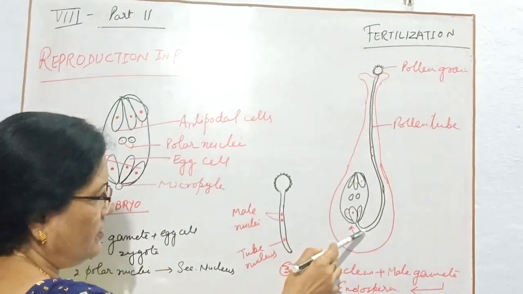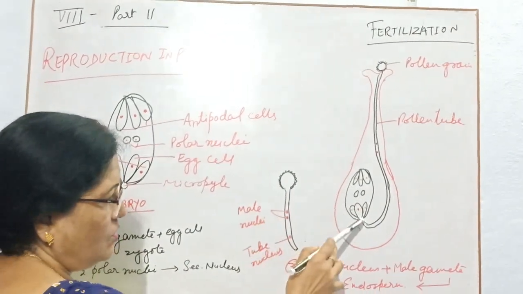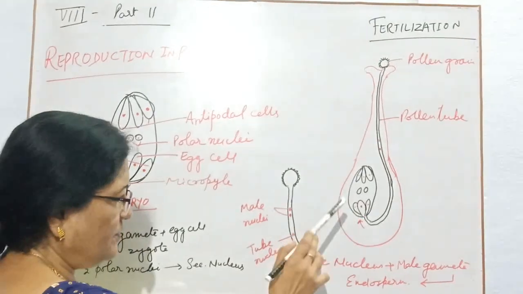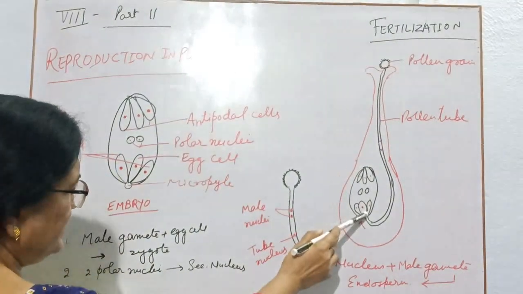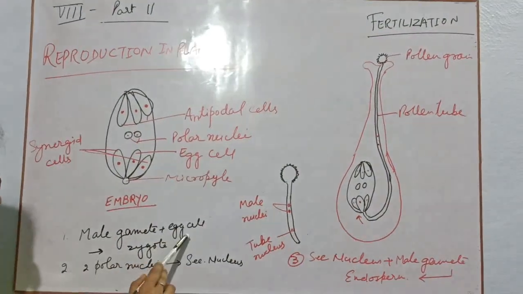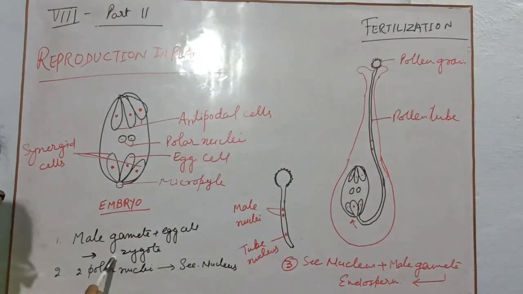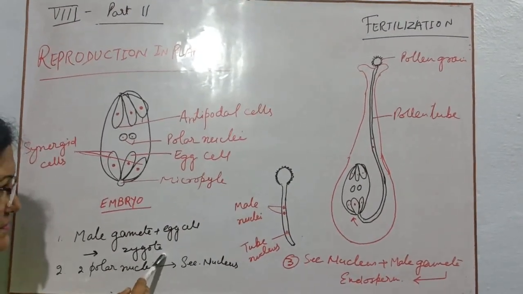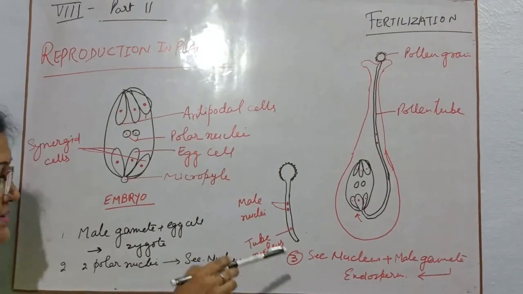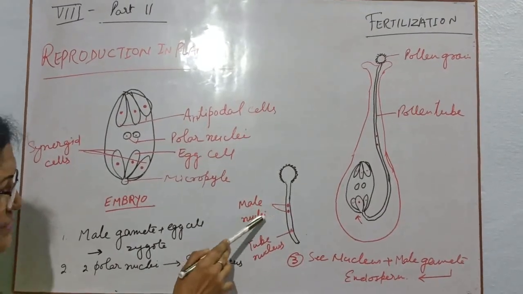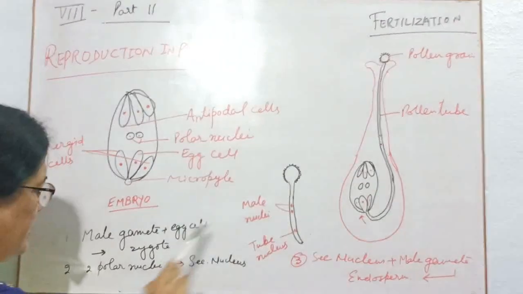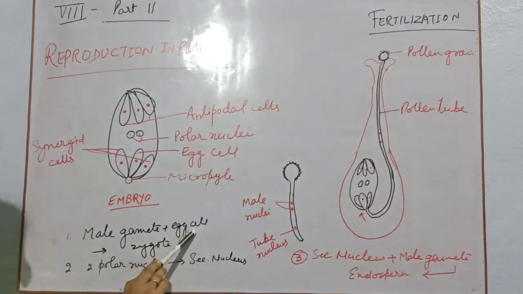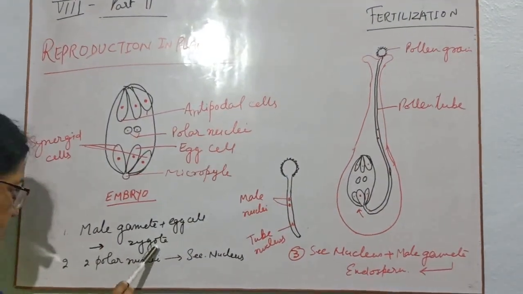Now see, from this hole or pore or micropyle, when one male gamete joins with the egg cell, they will form the zygote. Children, please remember it: there were 2 male nuclei, and one male nucleus joins with the egg cell and they form the zygote.